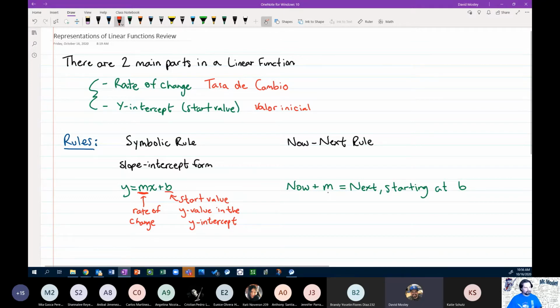And it's the same, lo mismo, aquí y aquí: la tasa de cambio y valor inicial. Do you guys have any questions so far? These are the rules that we use to represent a linear function.